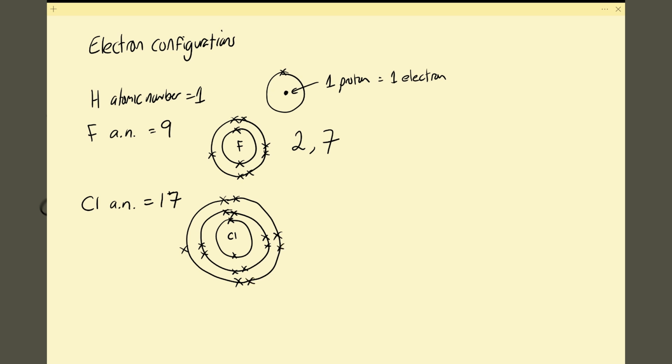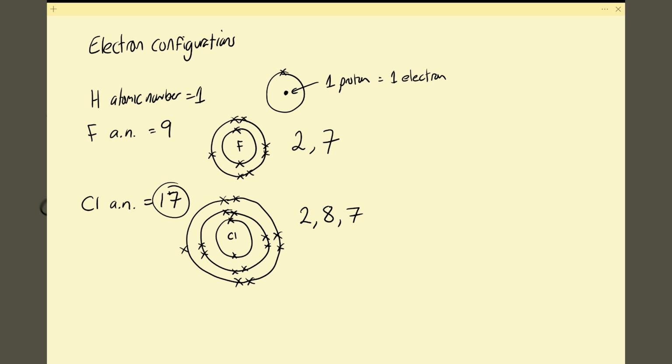So that's our drawn one. We have 17: 2 in the first, 8 in the second, and the remaining 7 goes in the third. Remember, the first shell can only fit 2, the second shell can only fit 8, and the third shell can fit up to 18, so we only needed to put 7 this time. The configuration written is 2 in the first, 8 in the second, and 7 in the third.